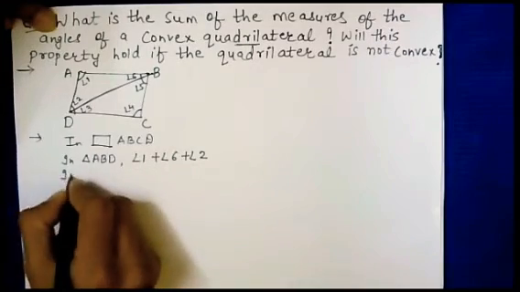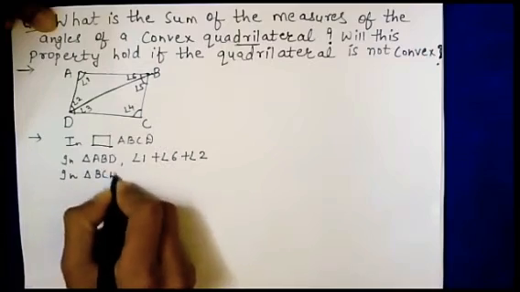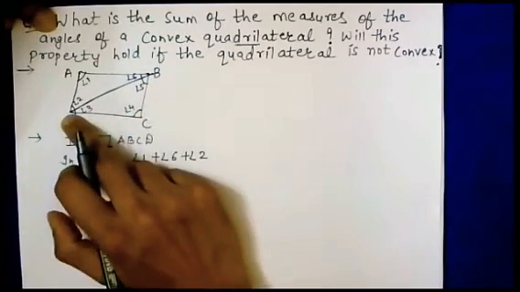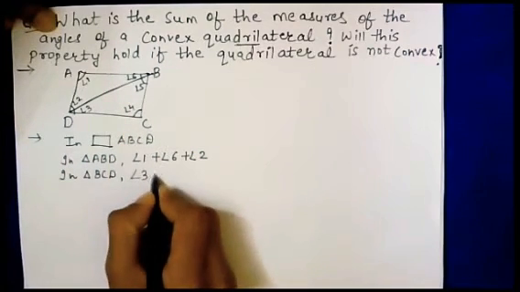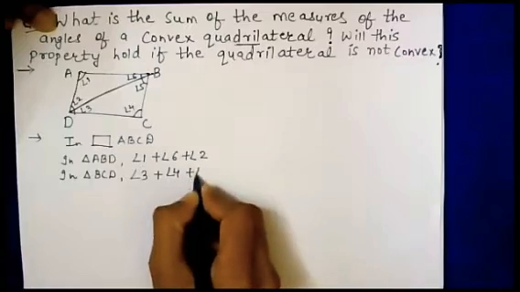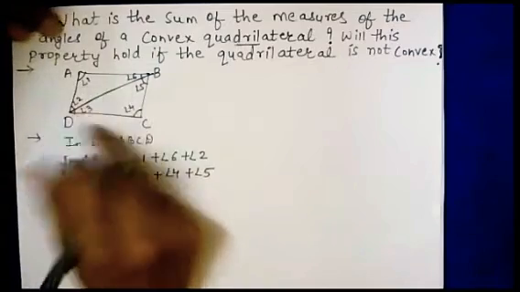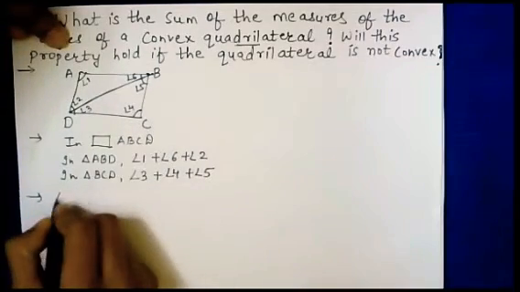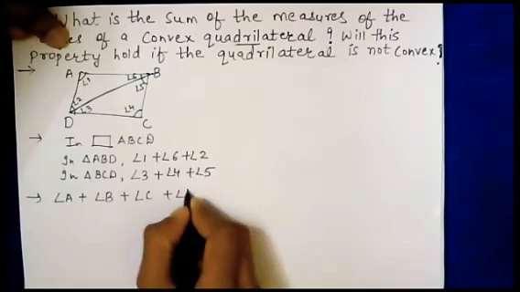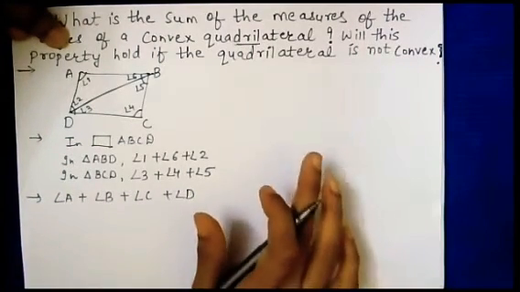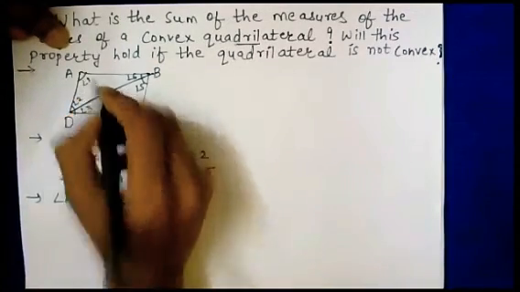Now in the second triangle, triangle BCD, the three angles are angle 3, angle 4 and angle 5. Now we have to prove that the total is 360 degrees. Let us add all the angles: angle A plus angle B plus angle C plus angle D. In place of angle A, we will write angle 1.